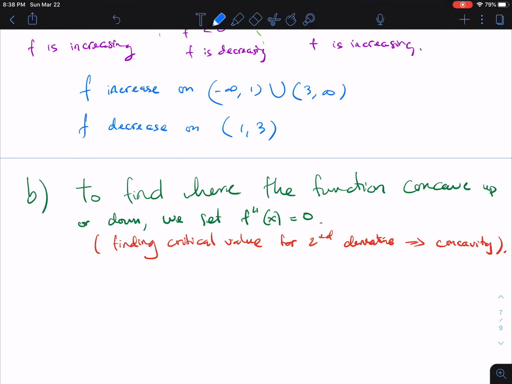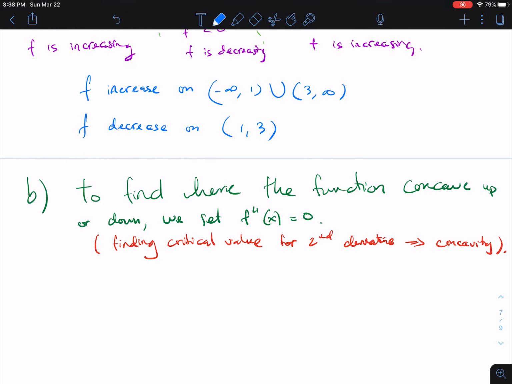First, we plot the critical value for the second derivative on a number line. So here's 2. That breaks the number line into 2 regions, negative infinity to 2 and 2 to positive infinity. We're going to pick some test points, so let's pick x equal to 0 in that region, and maybe x equal to 3.